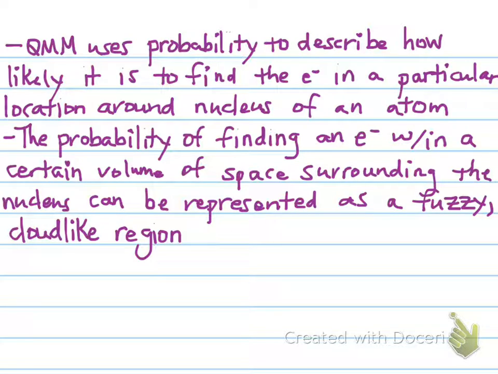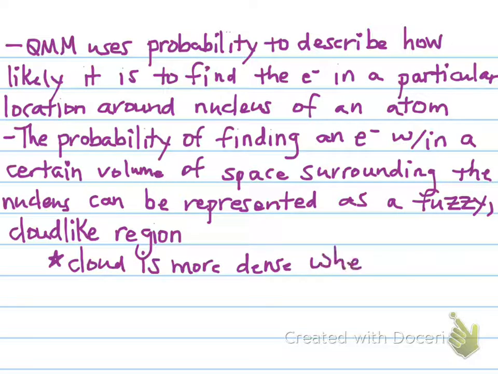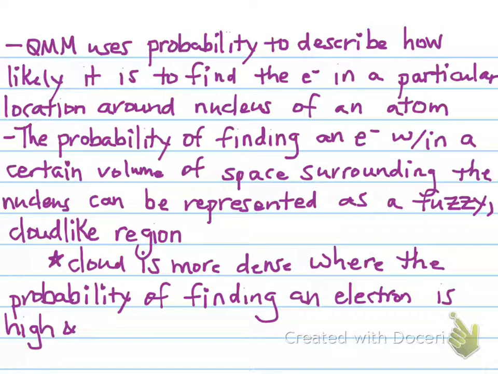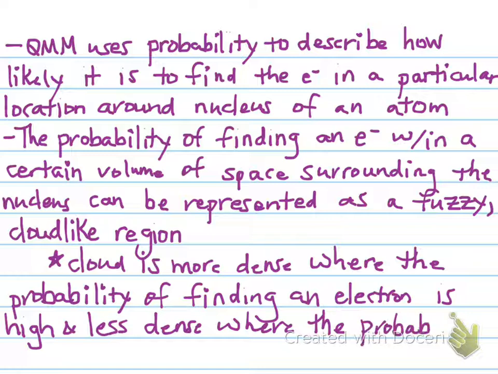Okay? So this cloud is more dense where the probability of finding an electron is high, and less dense where the probability of the electron is low.